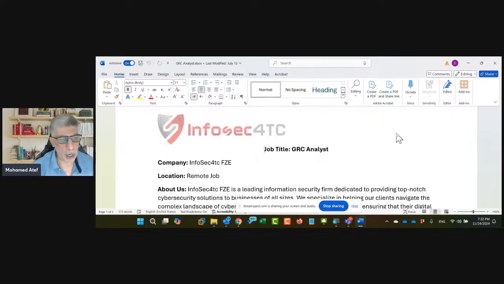This is a very common scenario where we find people who want to move from their current job, but they don't want to take the normal path where they need to learn network basics, operating systems, and SIEM solutions. They want something more into cyber or information security management.